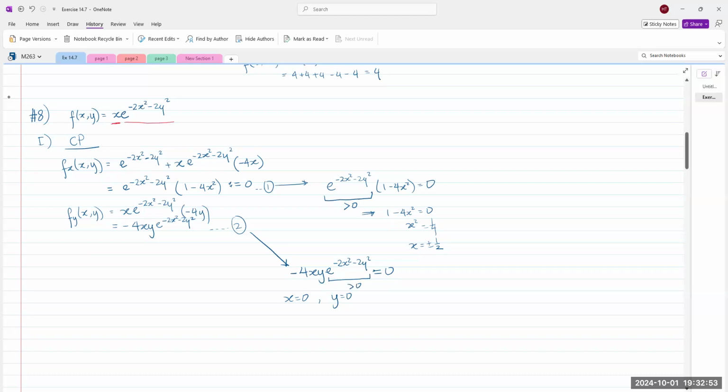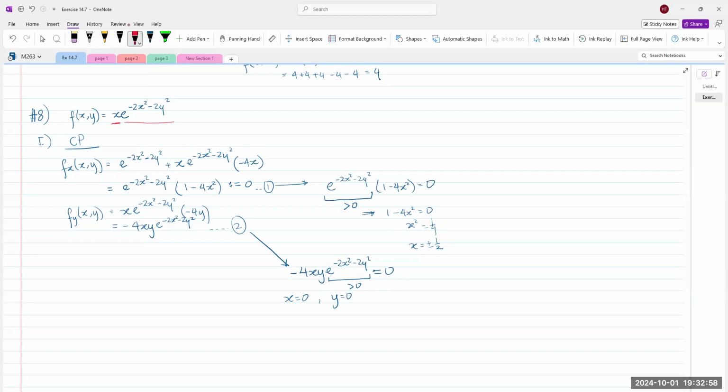From equation 1, x cannot be 0. So the critical points must be (1/2, 0) and (-1/2, 0). So we have two critical points here.